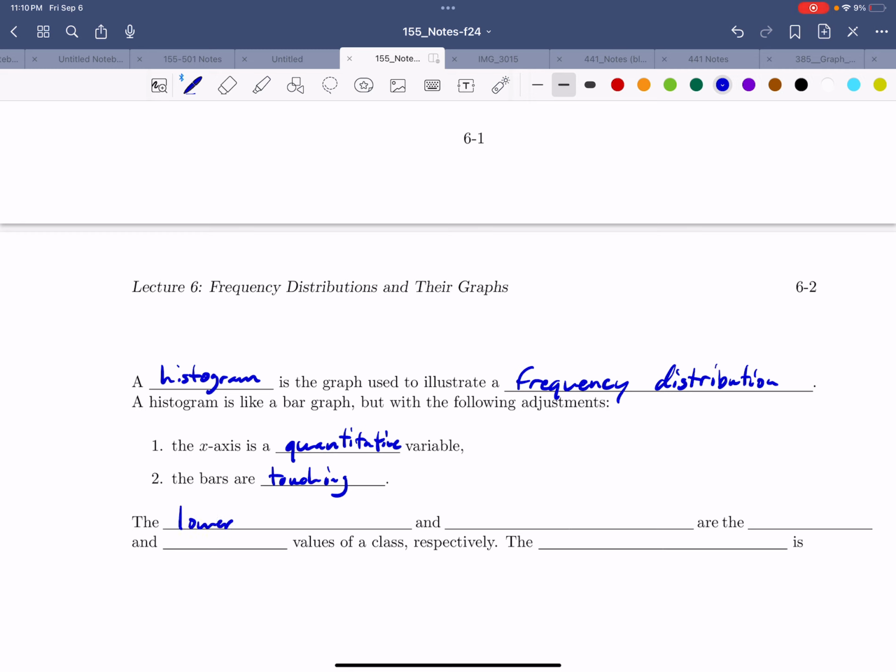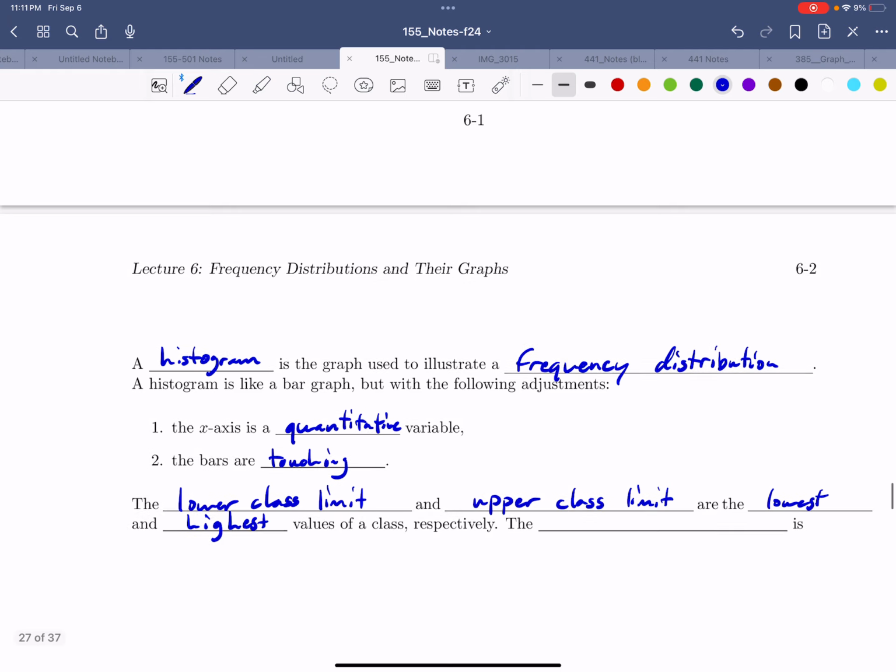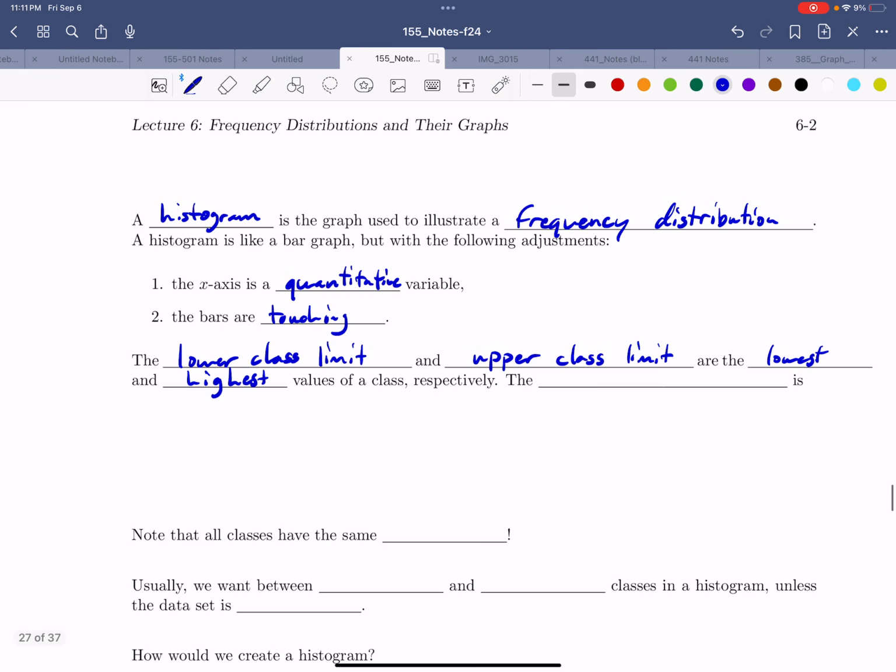Now, the lower class limit and the upper class limit are just the lowest and highest values of the bars, basically. Right, or of a class, so to speak, right?